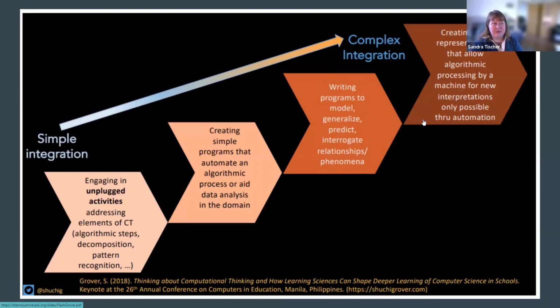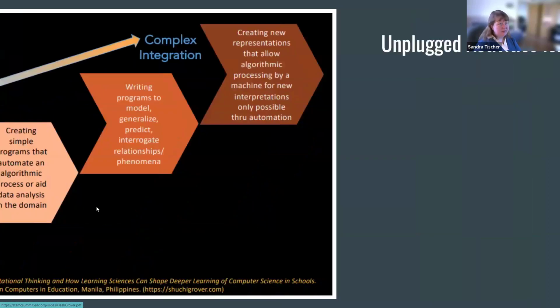This last step of a very complex integration is going to be a very hard reach to get through, I think. But again, we have to start somewhere. A simple integration might be everything that we do at this point.